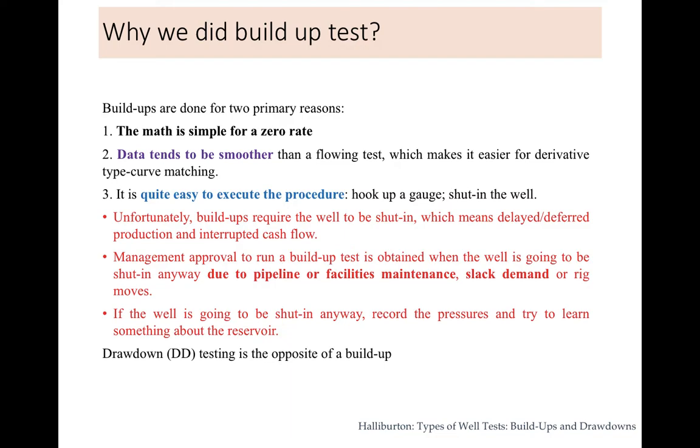So in this way the build-up data is very useful, and there are strong reasons why we do this build-up test. Number one, the math is quite simple for zero rate.